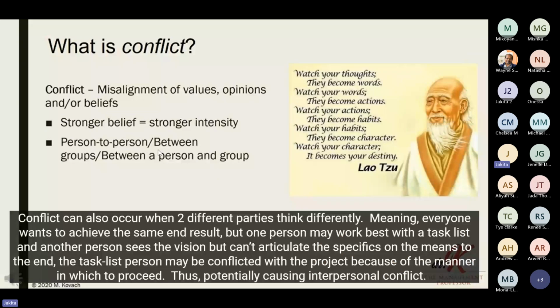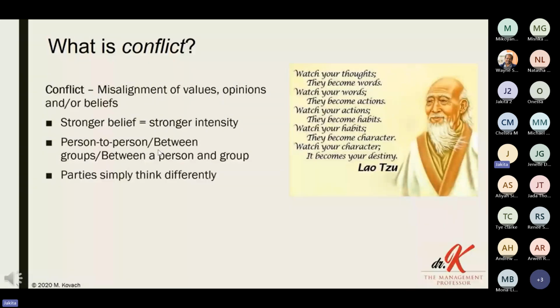Conflict can also occur when two different parties think differently, meaning everyone wants to achieve the same end result, but one person may work best with a task list and another person sees the vision but can't articulate the specifics on the means to the end. The task list person may be conflicted with the project because of the manner in which to proceed, thus potentially causing interpersonal conflict.